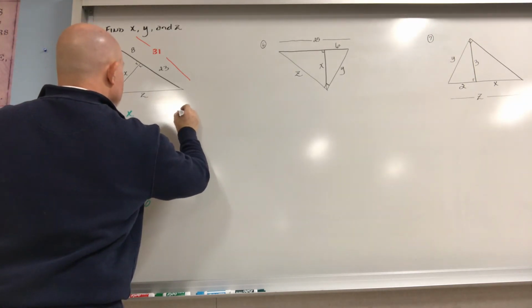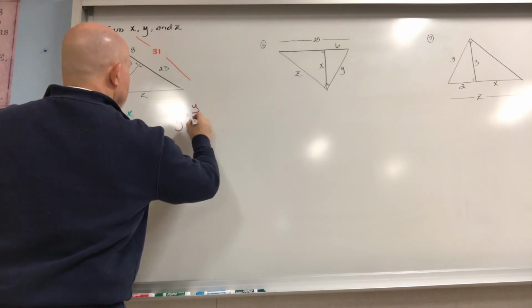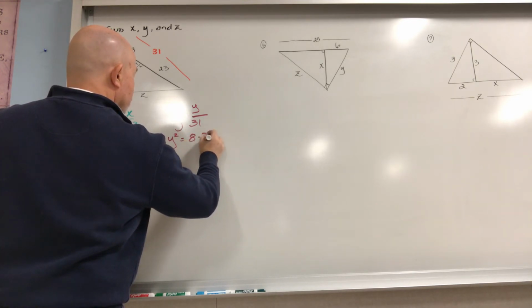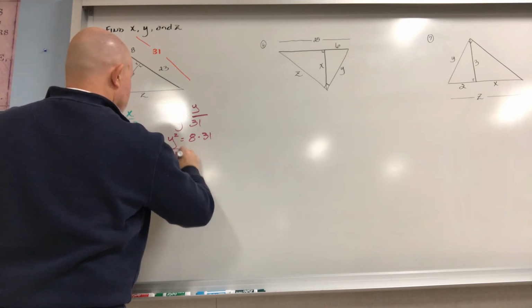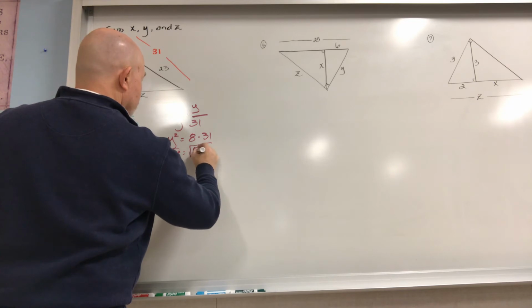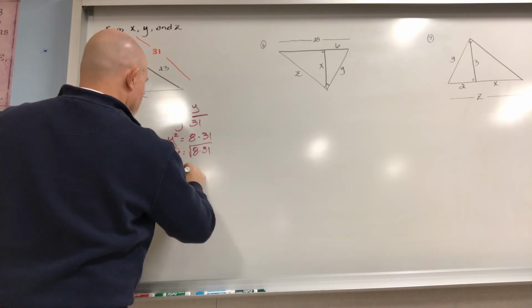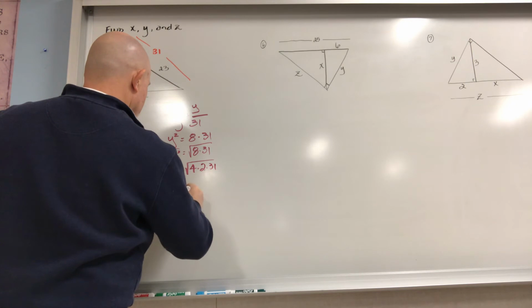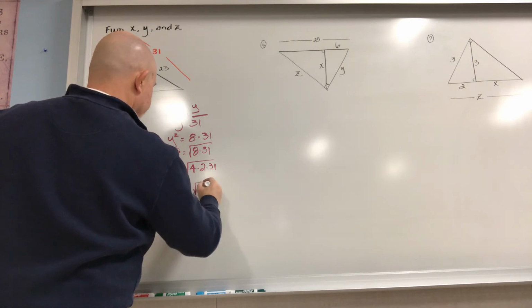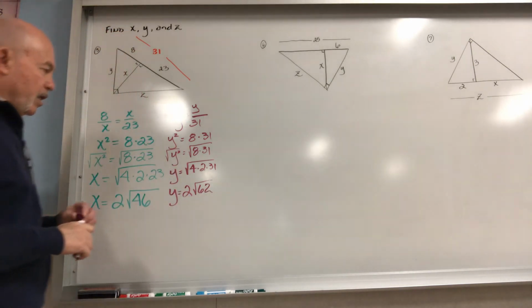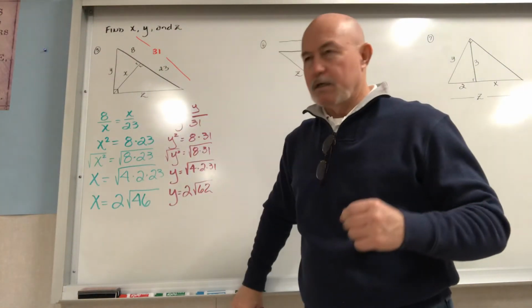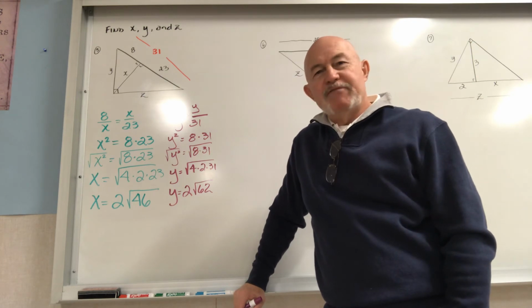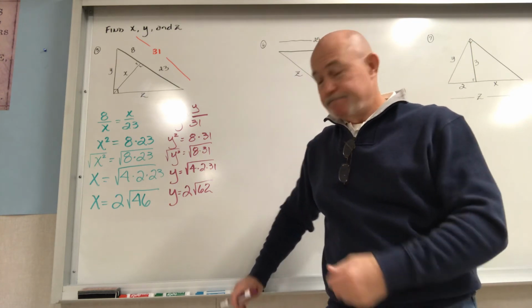Okay. 62, trying to think. 1 times 62, 2 times 31. 4 doesn't go in evenly. Nope, nope. That's it, we're done.